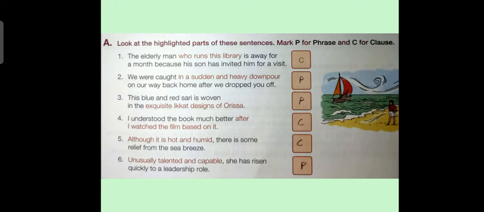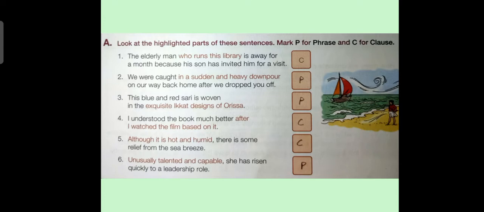That's why you can say that this is a phrase, and we can write P in front of sentence number 2. Sentence 3. This blue and red sari is woven in the exquisite ikat design of Orissa. This highlighted part is a phrase. So we will write P in front of the sentence.